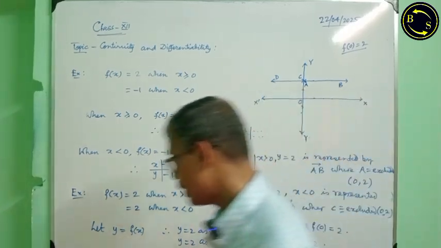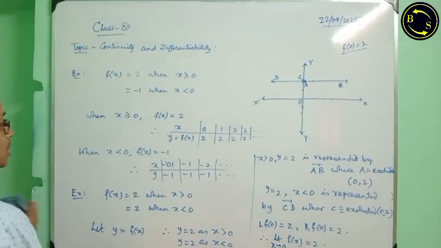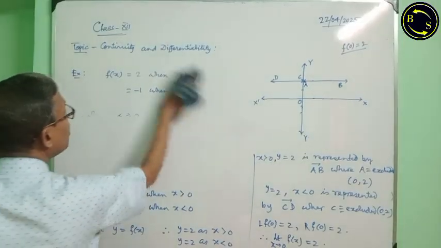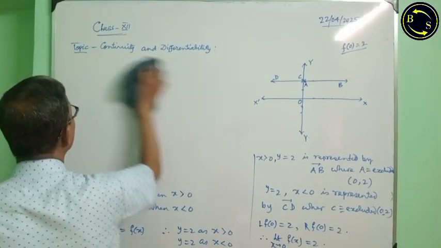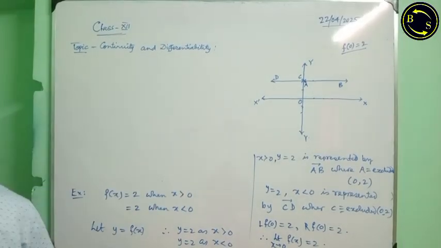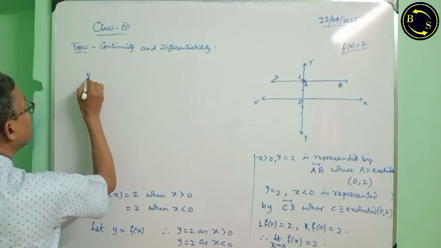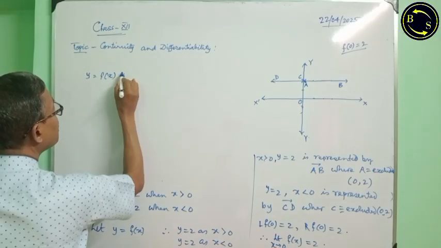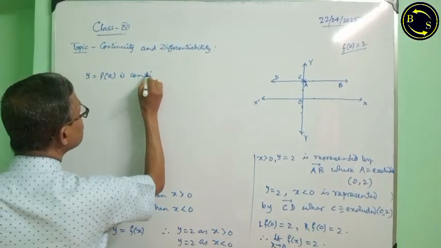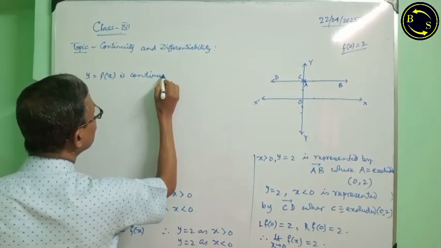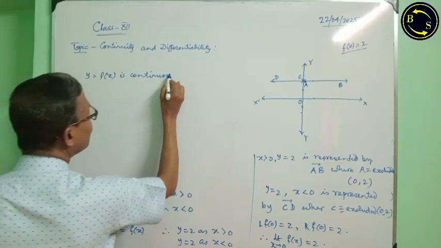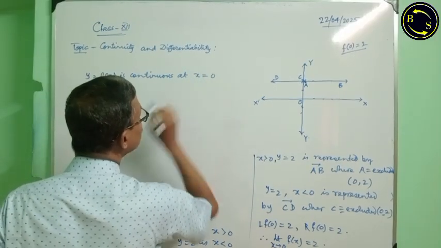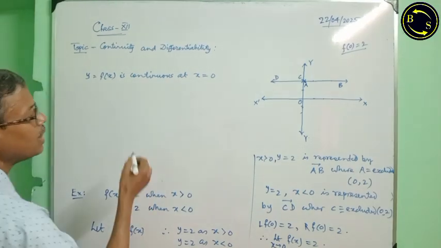y equal to f(x) is continuous at x equal to 0. Why?